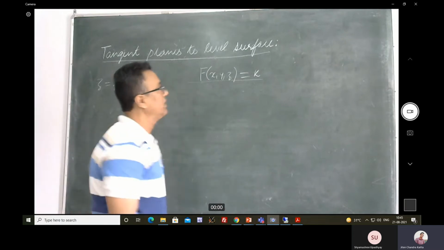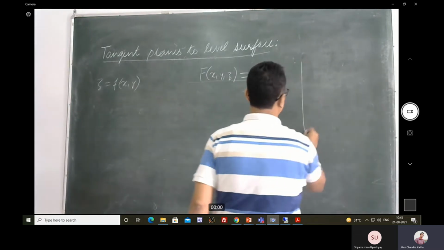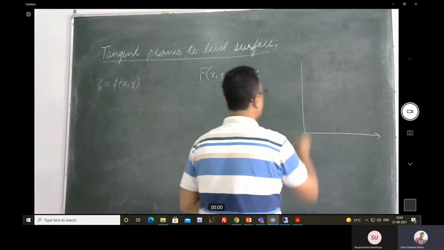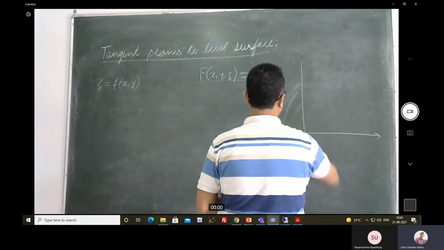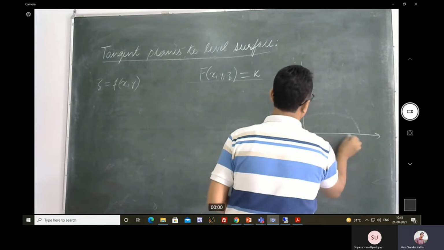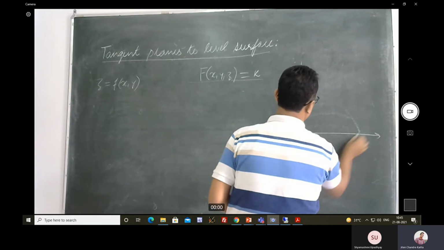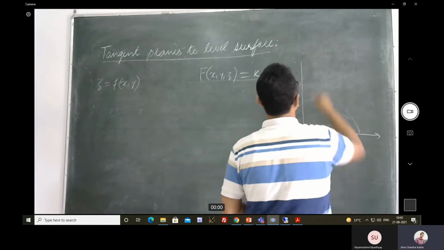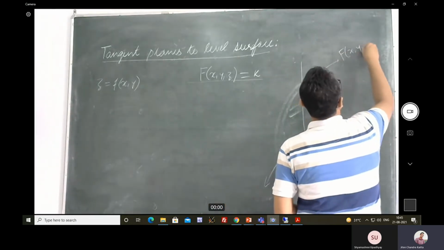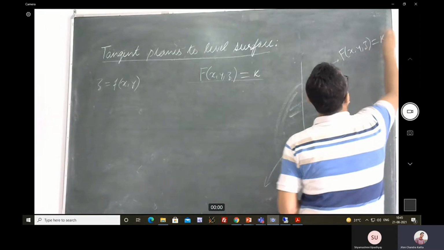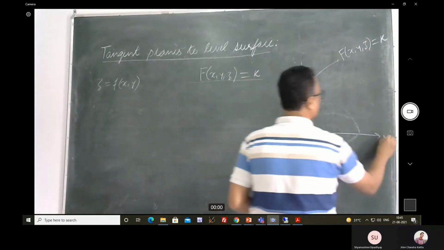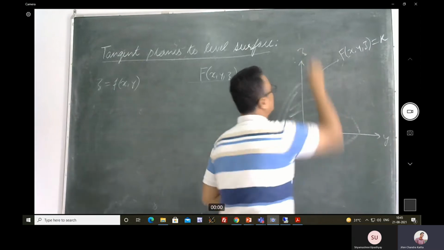I am drawing it here, although the surface will extend more, so please don't think that it is only the first octant. This is the surface given by this level surface of a function of three variables.